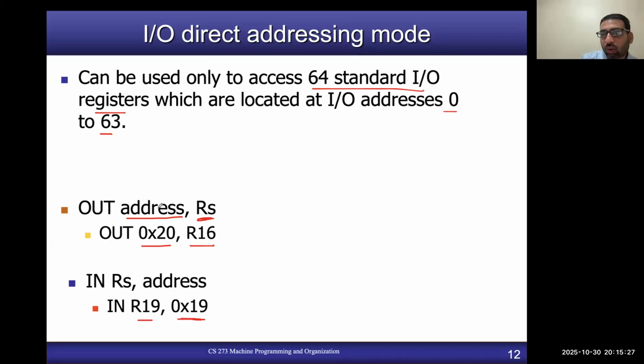Doesn't matter if that location is within the range of the standard IO address registers or not. However, IO direct addressing mode can be used only if the register from where you want to read or the register to which you want to write is in the range of the standard IO registers.